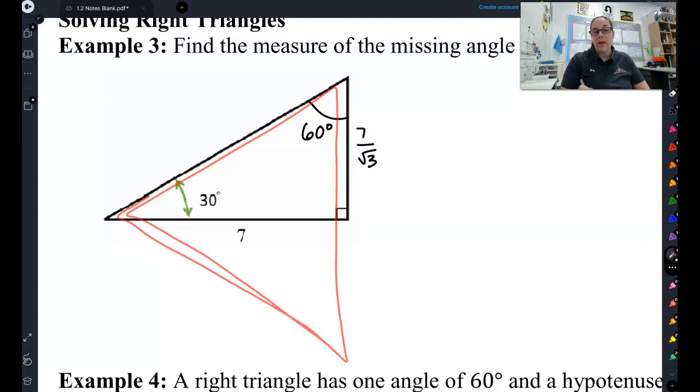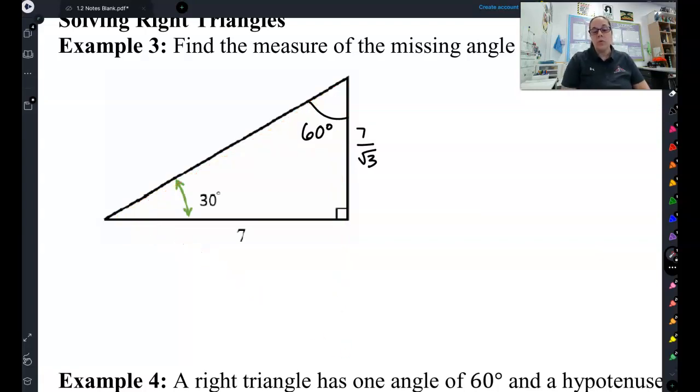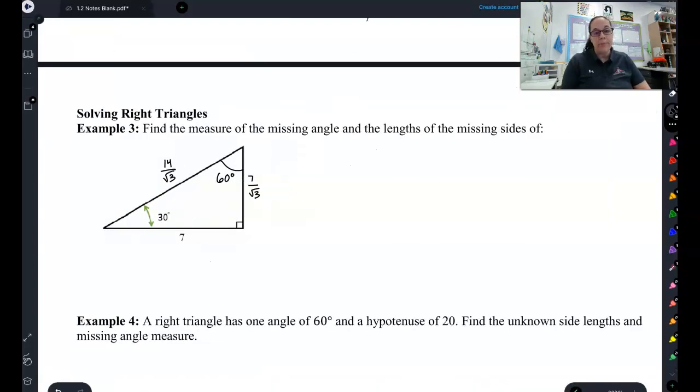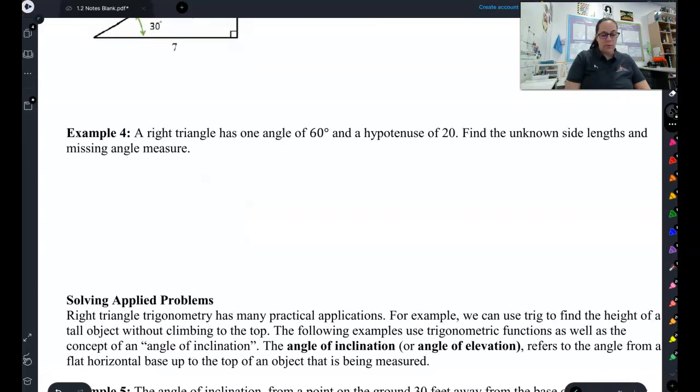Now, keep in mind that means times by 2 over 1, so we're really only multiplying the numerator by 2. You don't want to multiply the top and bottom by 2 because that would be multiplying by 2 over 2. So if I take this, multiply by 2 over 1, that gives me 14 over √3. And I have solved for all three sides and all angles of this triangle. I'm done. That's it. So let's look at example 4.